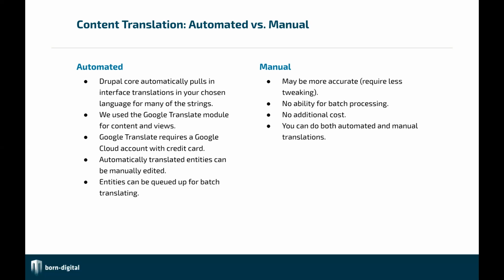Manual translation is better if you can do it manually and you have the time. You can't do it in a batch because we'll talk about that later in our issues section. But there isn't any cost to it, and it might be more accurate. You can also do both. So you can do some things with your translation service, and some things by hand, however you'd like to do it.